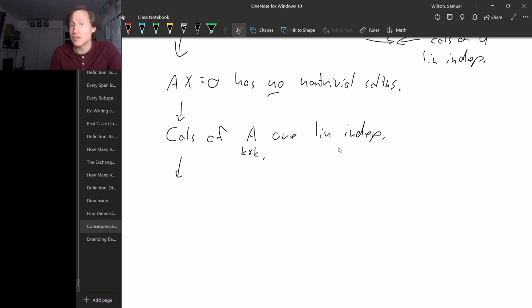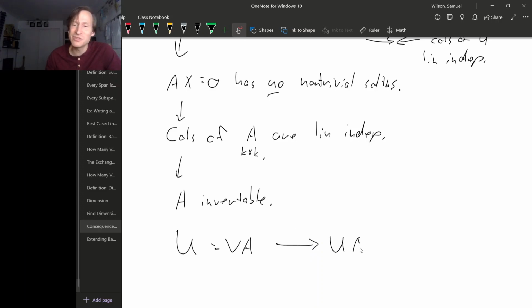For a square matrix, if you have linearly independent columns, then it's invertible. So A is actually invertible. All right, so remember, we had this equation, U equals V times A, but now we know A is invertible, so we can multiply on both sides by A inverse, and that gives us U times A inverse equals V.